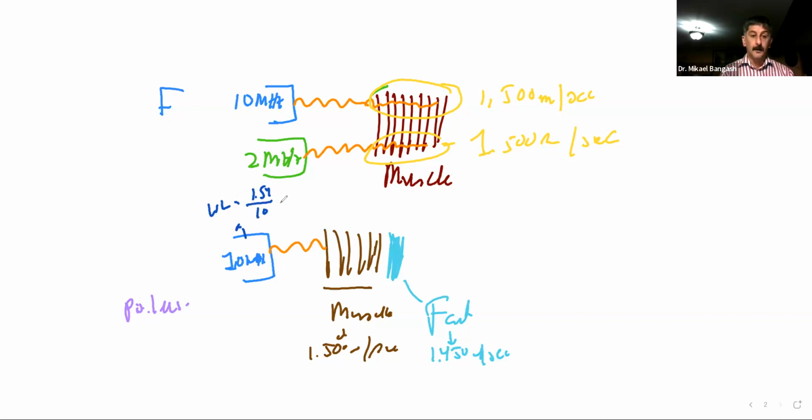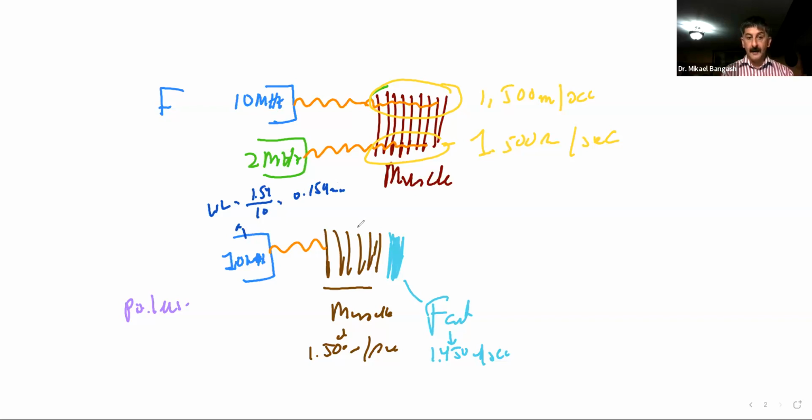Clear? So that is this many millimeters as produced by the transducer.